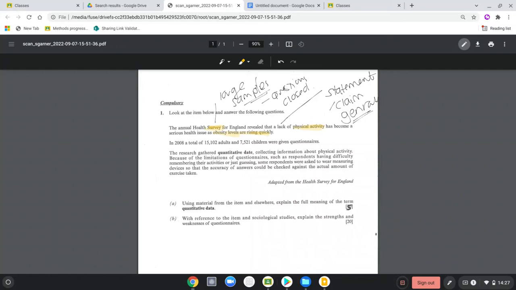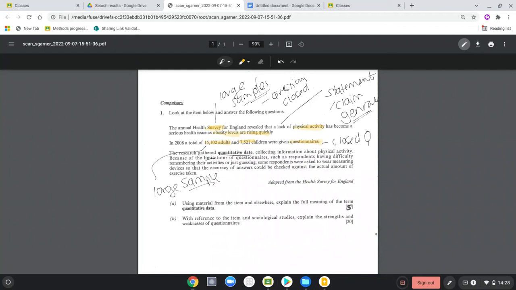In 2008, a total of 15,102 adults and 7,521 children were given questionnaires. Again, questionnaires have closed questions. And again, 15,000 is a very large sample. The research gathered quantitative data, collecting information about physical activity.